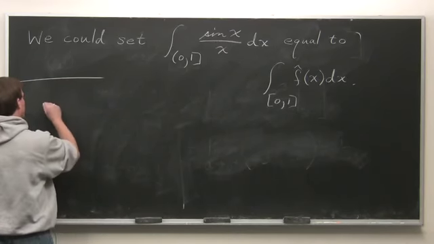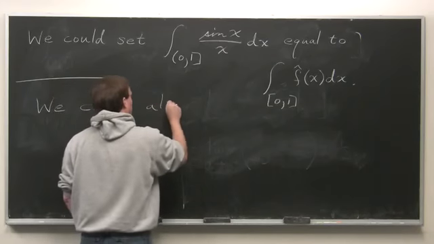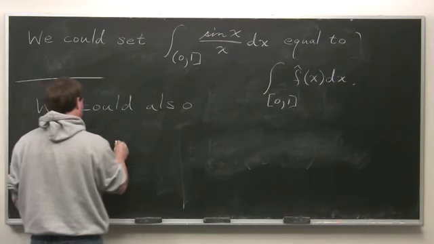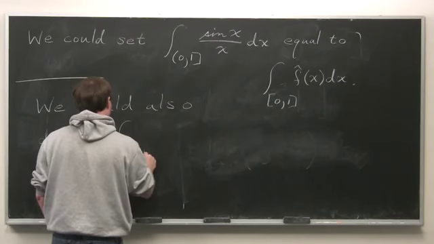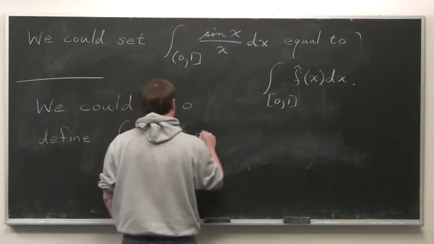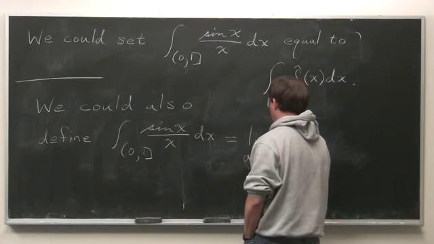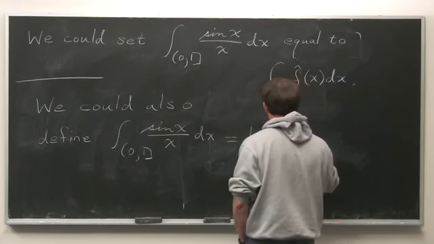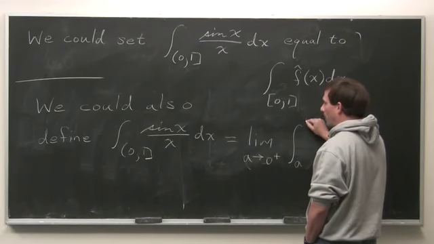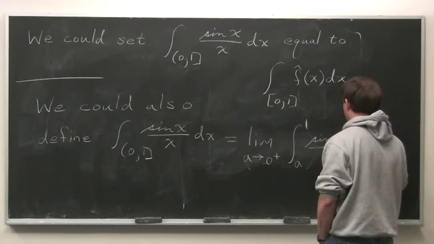Instead, we can also define the integral over this half-open interval of sine of x over x dx to equal the limit as a approaches 0 from the right of just the Riemann integrals, so the integral from a to 1 of sine of x over x dx.